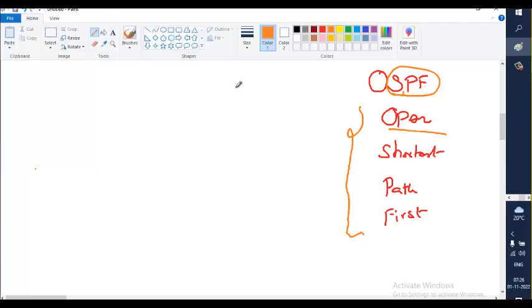And then we will get into another industry standard, open standard protocol called RIP. For this also, you don't need to take anyone's permission. Industry standard protocol. Routing Information Protocol.